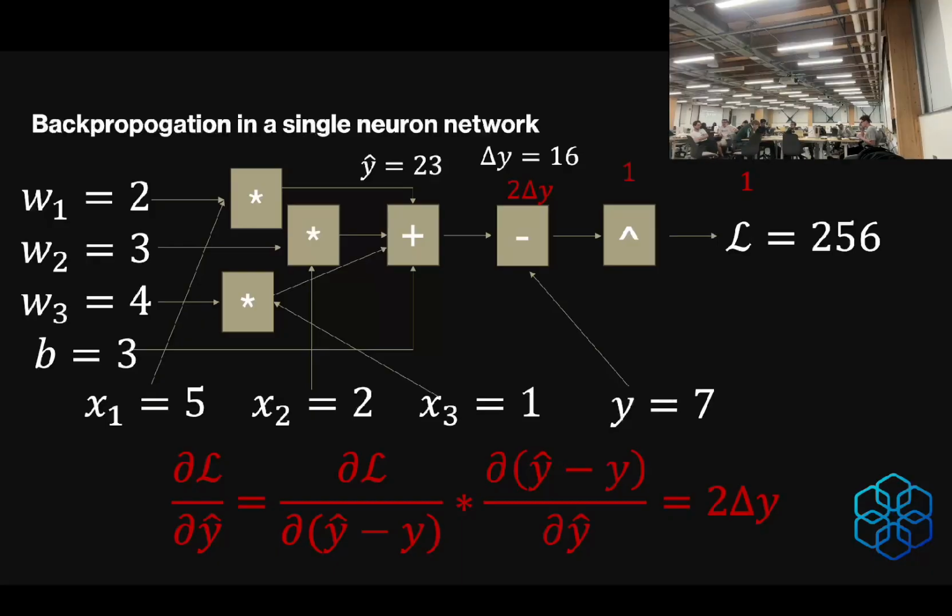So we use that value, and then we multiply it by the derivative of y hat minus y with respect to y hat, and that is just going to be 1. Or it should be negative 1. But the thing that confuses me still is that if I do torch backward, it doesn't take the negative, and it will compute with the positive values. You'll see in a second.